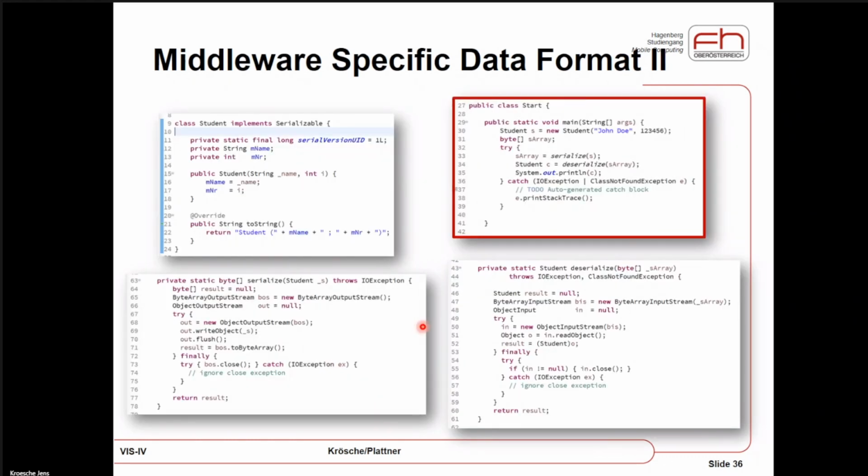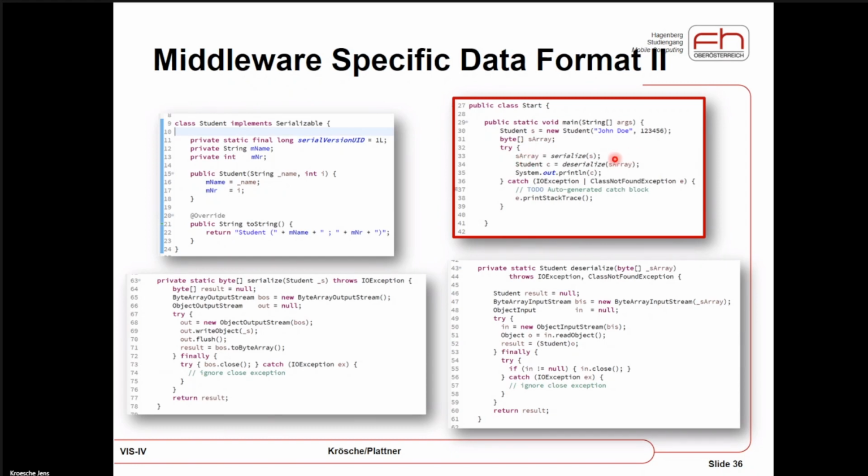And I try to state that in this slide. So the red rectangle specifies what we want. We have a student, and what we do is we serialize the student into a byte array, and then we can communicate this byte array over a network.